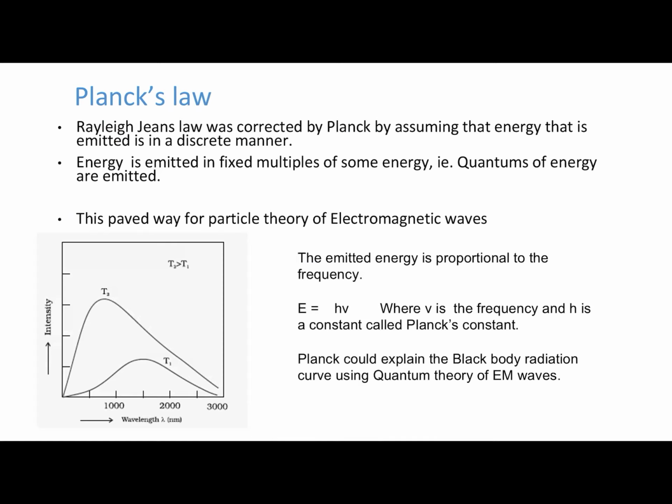Atoms and molecules can emit or absorb energy in discrete quantities only. The smallest amount of energy that can be emitted or absorbed is in the form of small packets. Each packet is called a quantum. In the case of light, the quantum is called a photon. Energy is emitted in fixed multiples of some energy, and the emitted energy is proportional to the frequency of the radiation.